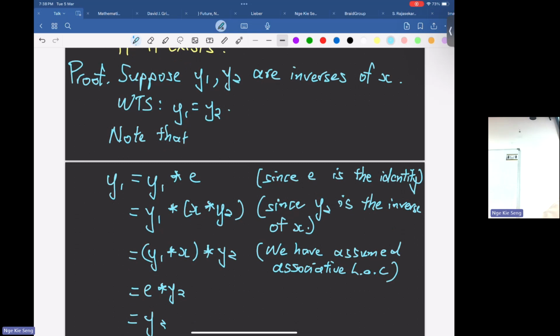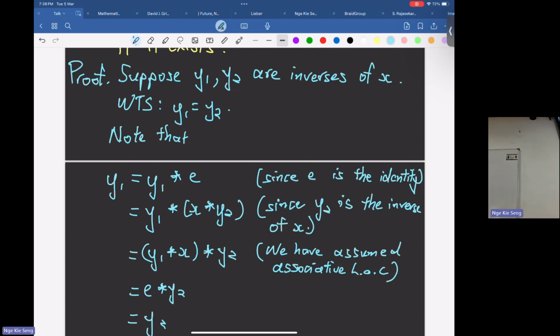So suppose you have two things and then show that two things are the same. Okay. So note that I use again the identity here. So similarly, you can show that the identity of a LLC is unique as well. Okay, leave it as an exercise if you want.